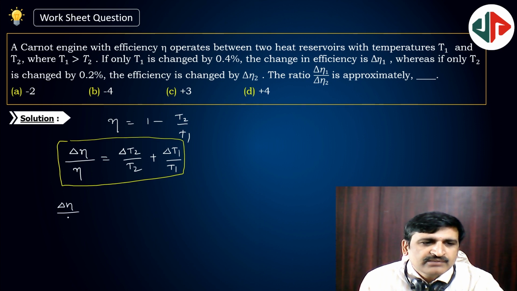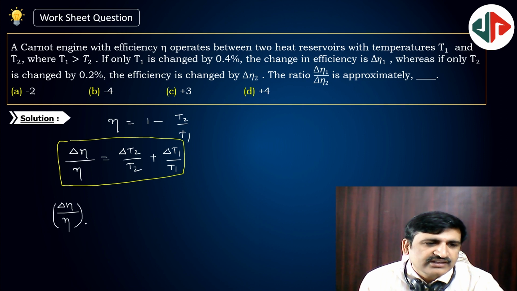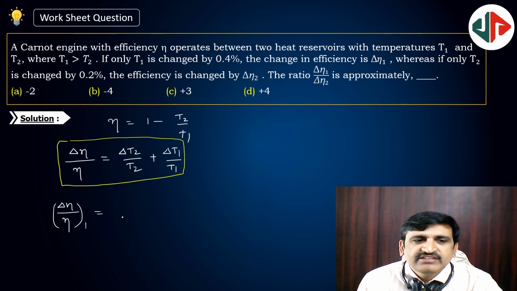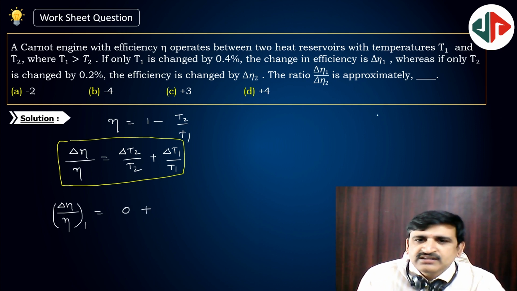So delta eta by eta, first case is eta 1, I can call it as 1, is equal to, in the first case, which one is changed? T1 is changed but not T2, so that change is 0, plus T1 is changed by 0.4%.